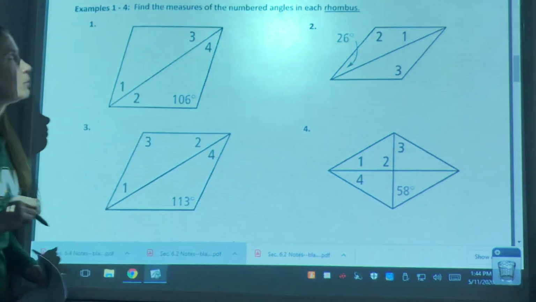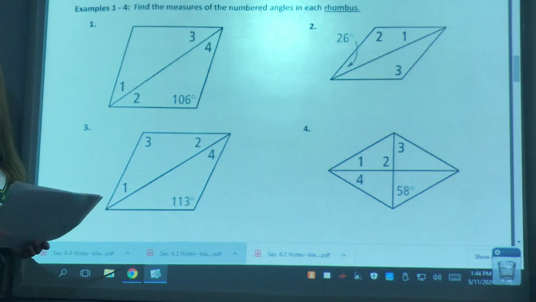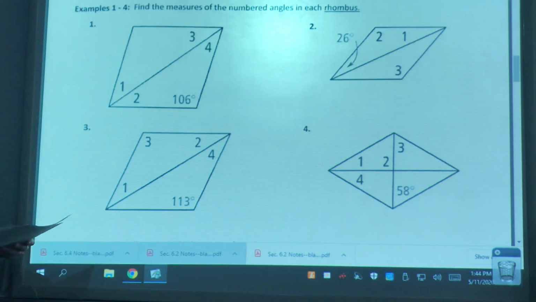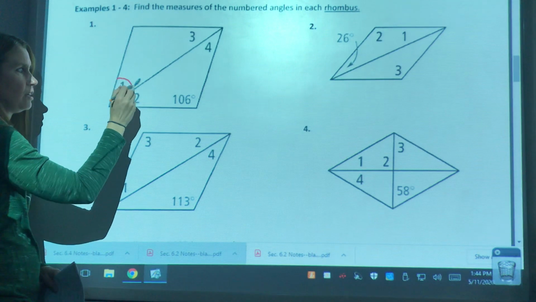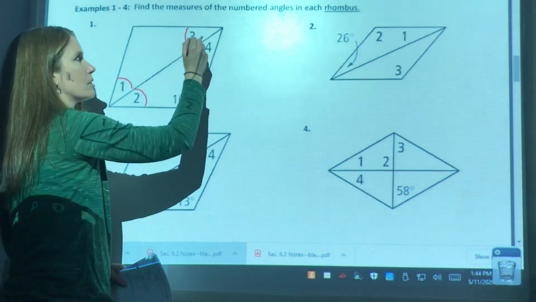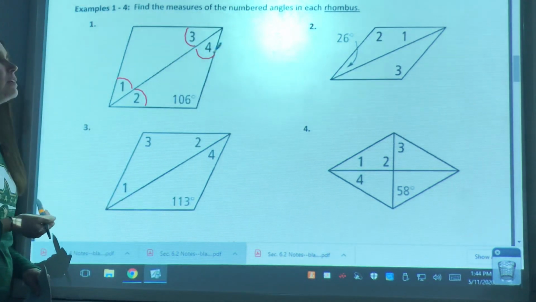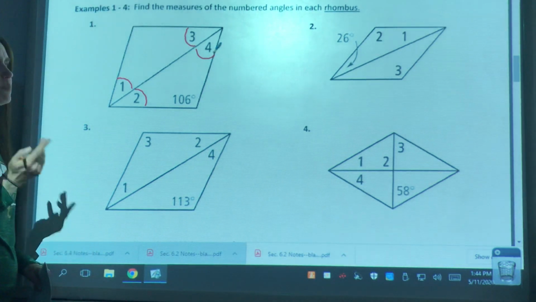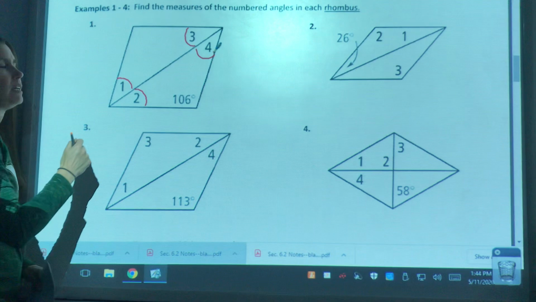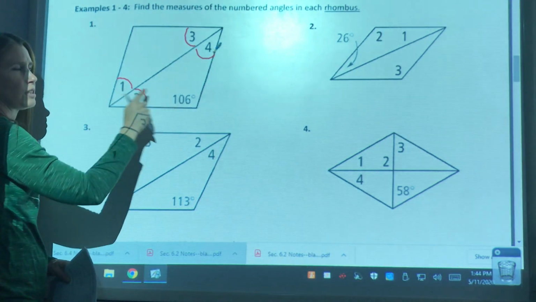On 1, it says find the measures of the numbered angles in each rhombus. Remember what we just said about a rhombus: all of these 4 angles must be congruent to each other. So if I can figure out one, I can figure out all the rest of them. Then remember back to a parallelogram, consecutive angles are supplementary.